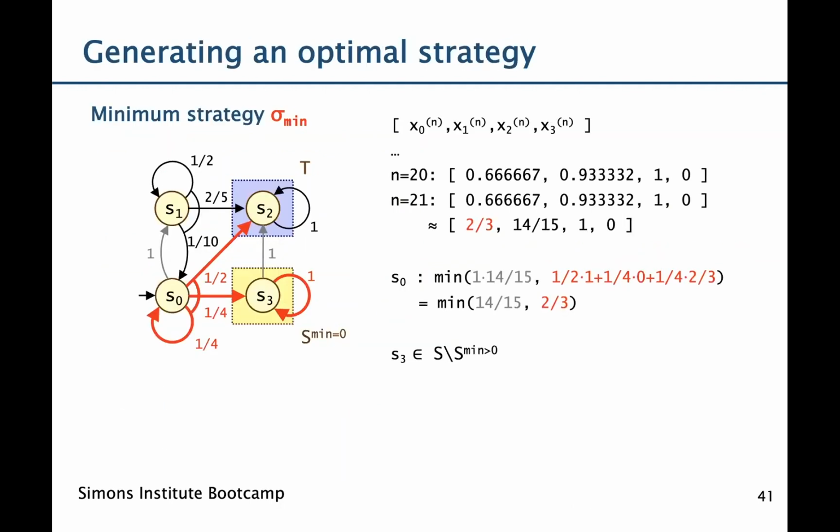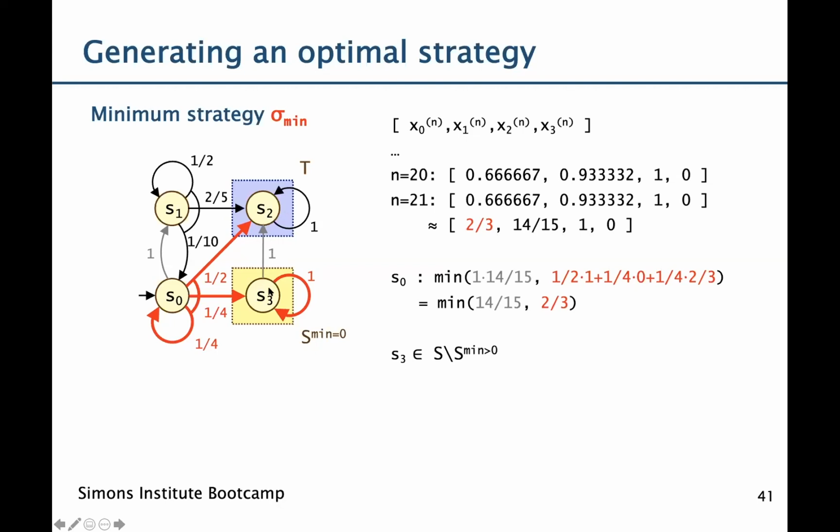So we can then extract what the minimum strategy is. If we look here, we see that it's this distribution here that yields the value two thirds. So this is the optimal thing to take if we want the minimum probability. And as I've said, if we take this self loop, then the minimum probability of reaching the target S2 is 0.